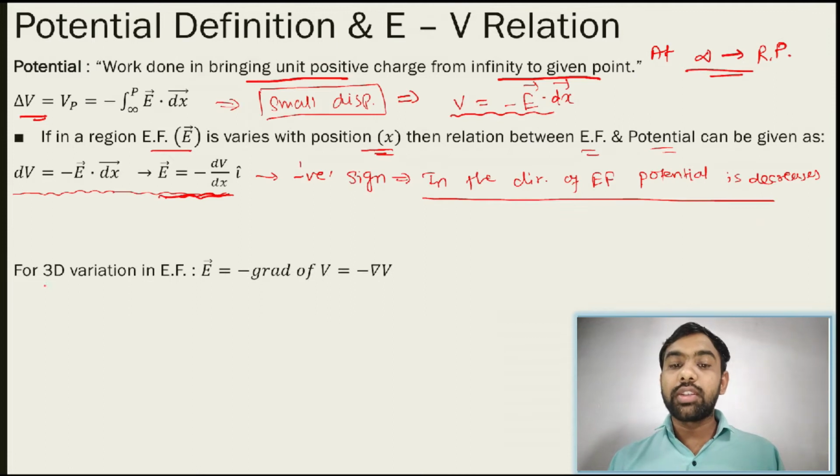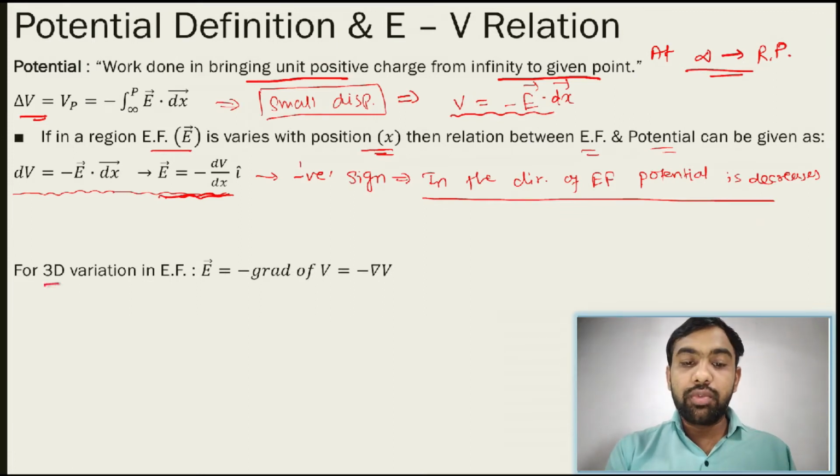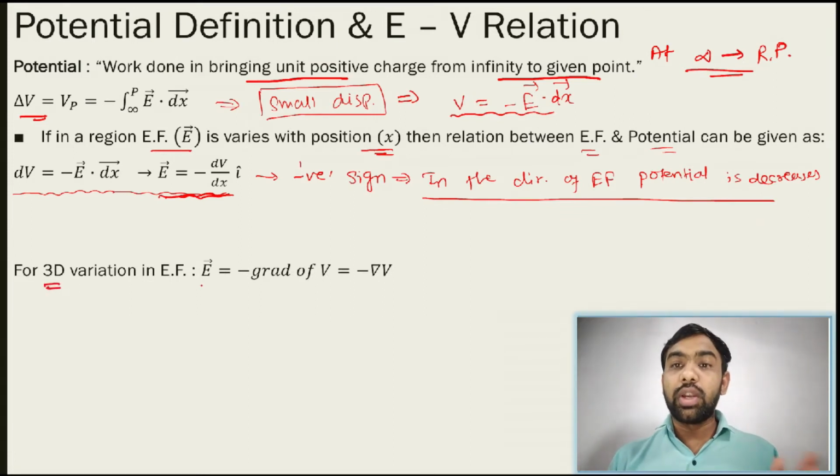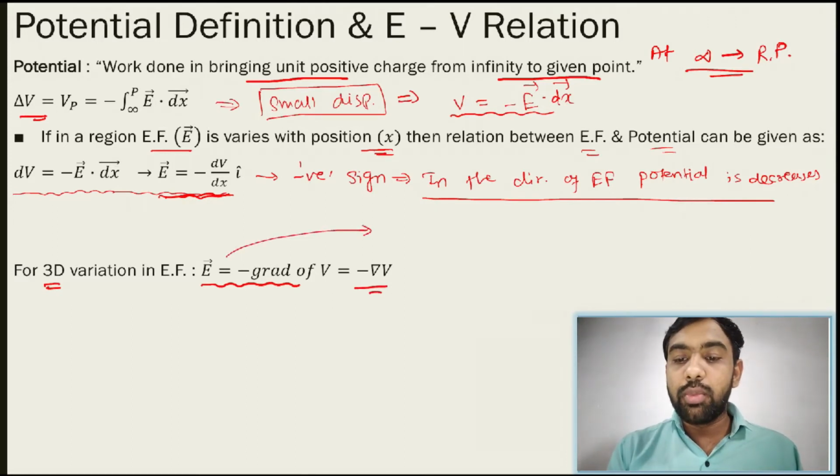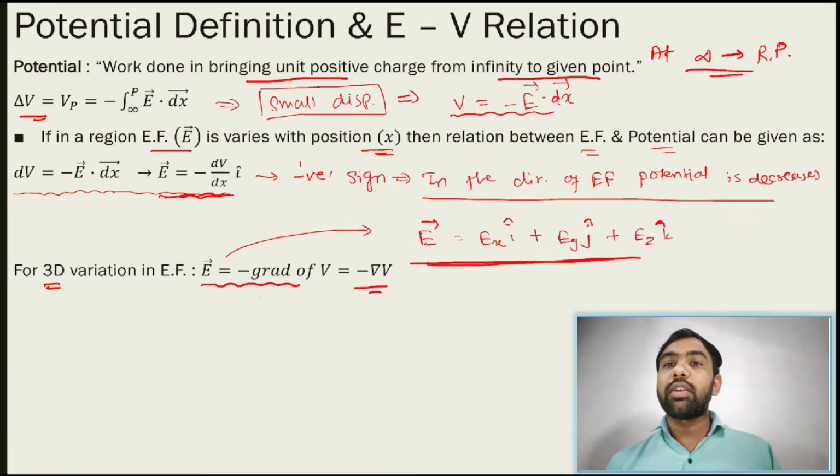And how do we write this in 3 dimensions? That was only one direction, dV by dx. In general, the electric field is the gradient of V, meaning minus del V. The vector form of electric field is written as E is equal to Ex i plus Ey j plus Ez k.